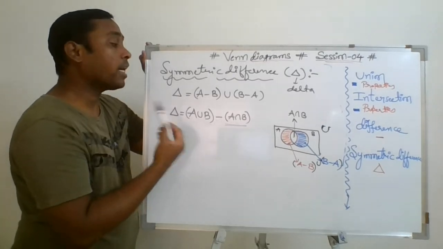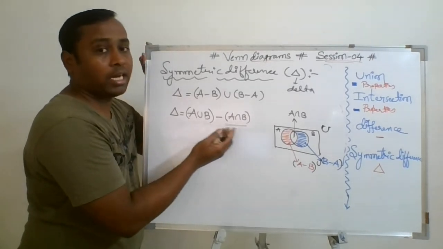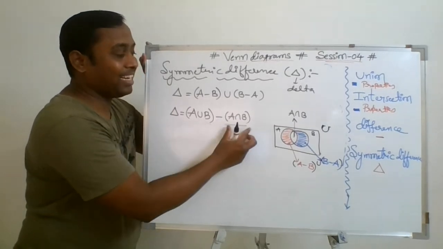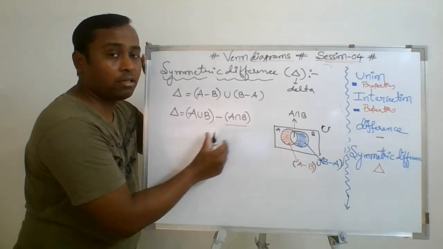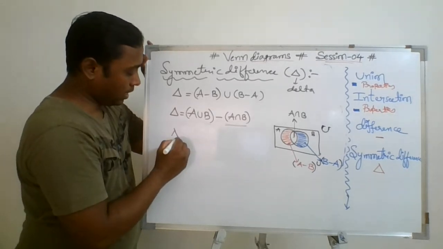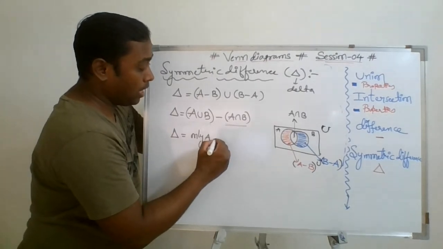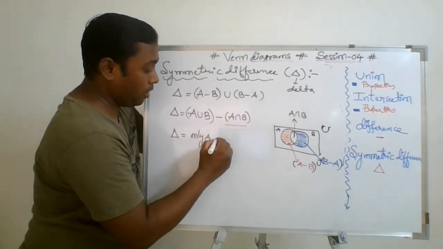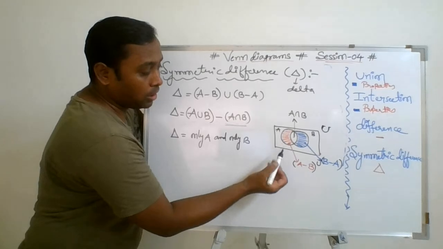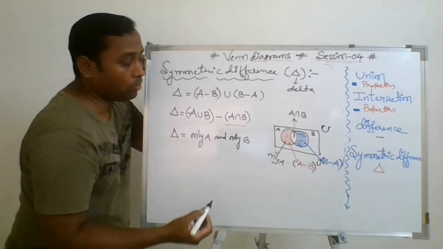So delta can also be defined as just the difference of union and intersection. Union operation minus intersection operation, so we are getting the delta that we call symmetric difference. This can also be written in several ways: only A and only B. Now check, this red portion represents only A, meaning no portion of B is involved.